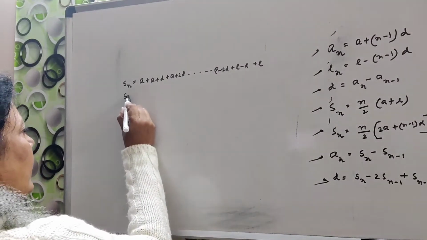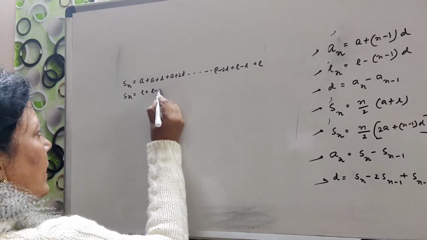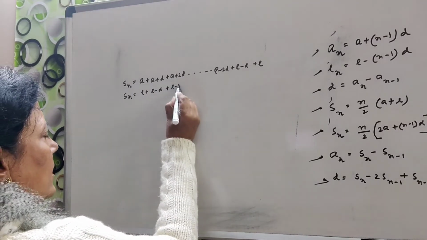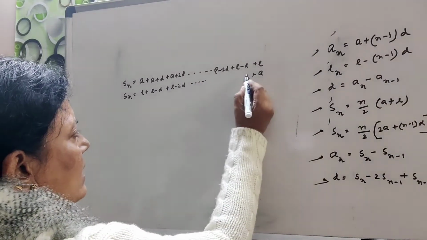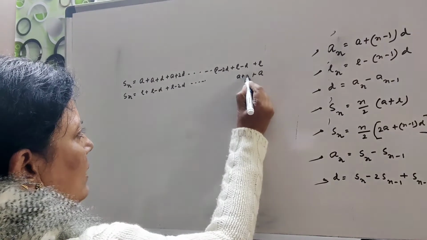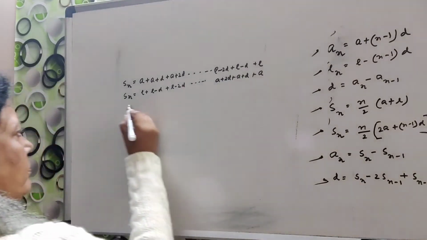So the summation of n terms we can write as L plus (L minus D) plus (L minus 2D) up to A, where the previous term of A is A plus D, then A plus 2D, and so on.